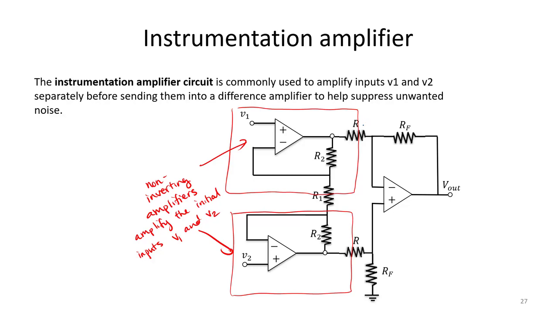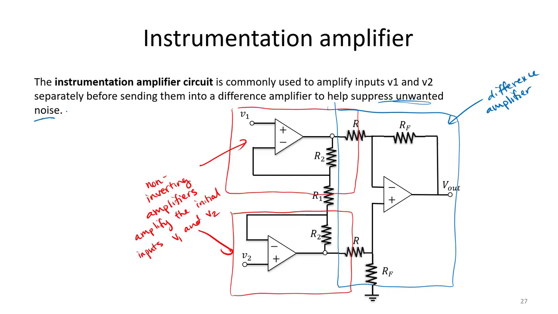And then look what we do. Then we send those amplified signals into a difference amplifier. So we send the outputs of the non-inverting amplifiers into a difference amplifier.